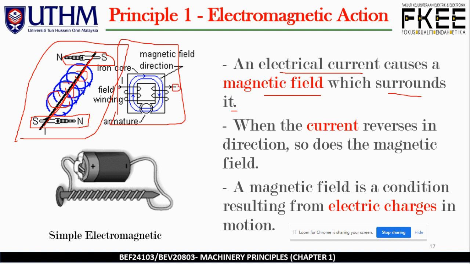We have a certain level of current, let's say I, injected into this coil, and thus a magnetic field is produced within this core, which is represented in blue lines. So we can see the direction of the magnetic field.